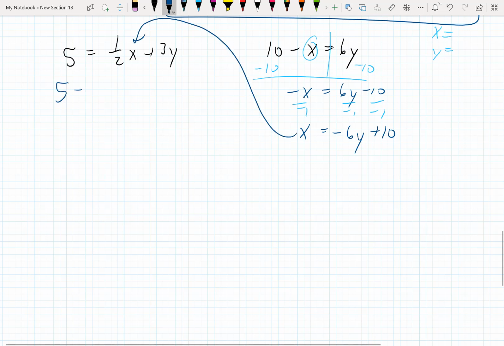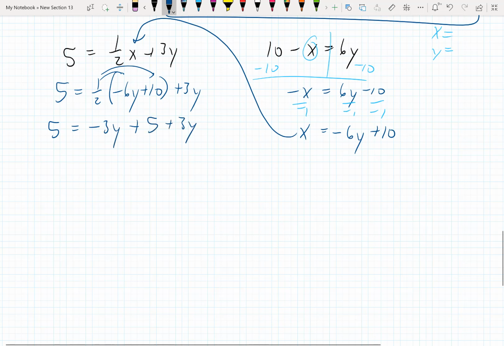So we get 5 equals 1/2 times (negative 6y plus 10) plus 3y. And then I'll distribute. So half of negative 6 is negative 3, half of 10 is 5. And when I go to combine like terms on this side, negative 3y plus 3y goes away. So then I'm looking at 5 equals 5.